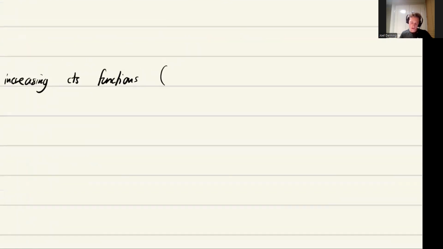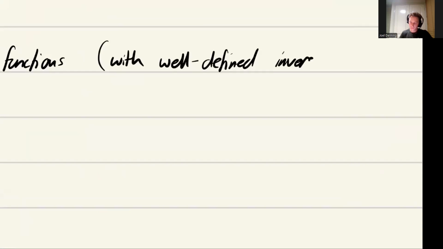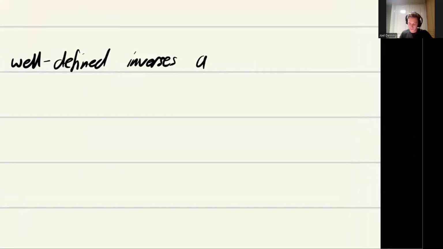Okay, since they're strictly increasing, it means they're going to have well-defined inverses, that I'm just going to name normally A1 to the -1 up to AK to the -1.